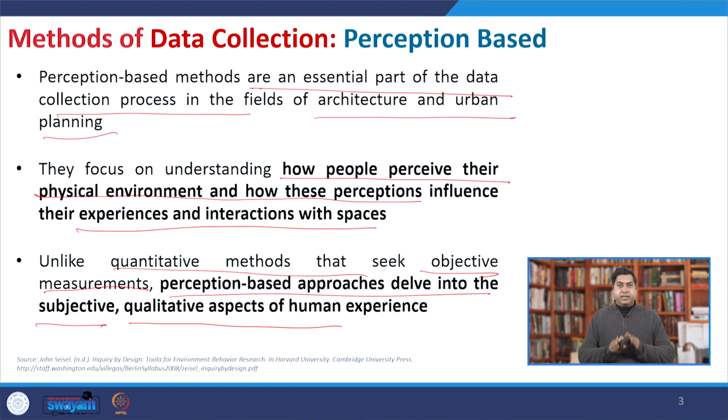Let us understand this difference. One is the perception based survey, the other is the participation based survey. We should not get confused between the words participation and perception. In participation, they can participate and fill up some quantitative information, but perception is mostly very much subjective and qualitative in nature.